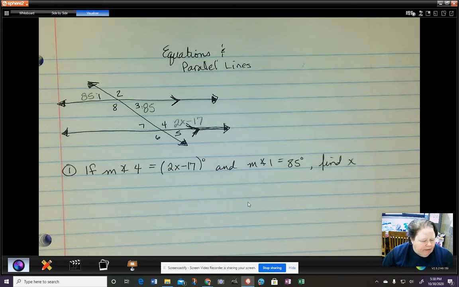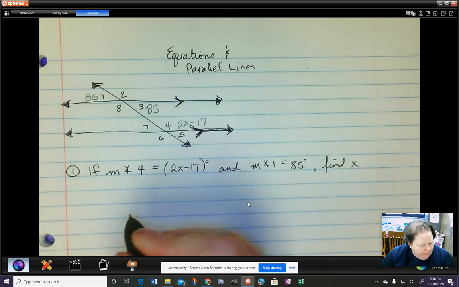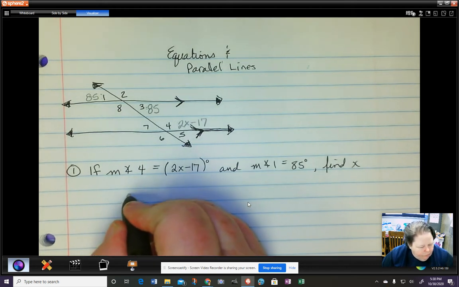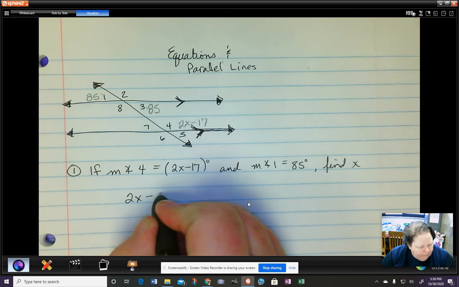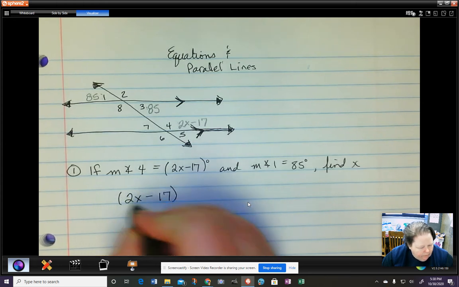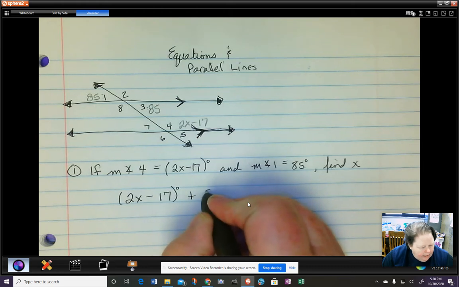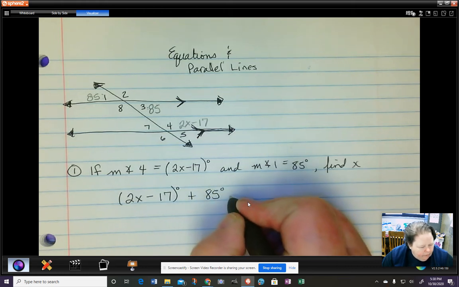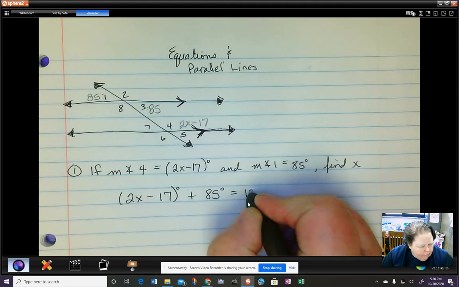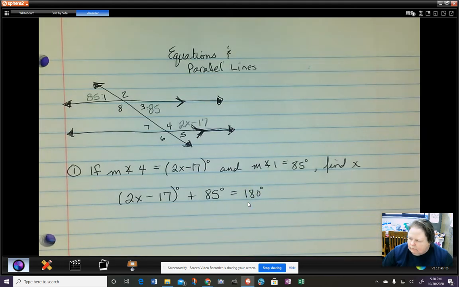Supplementary. So we can set up our problem: 2x minus 17, that's our angle 4, plus 85 degrees is equal to 180 degrees.